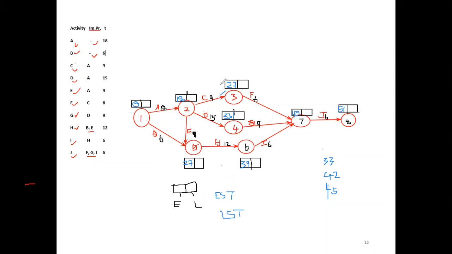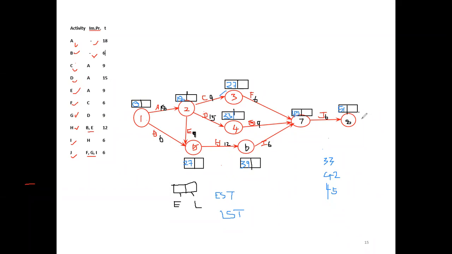Clear? Right. Now the total completion time is 51 days. Even though the critical path is the longest path, 51 is the minimum time needed to complete the project. So that is the very minimum. After 51, we cannot minimize. So this is the minimum time needed to complete the project.